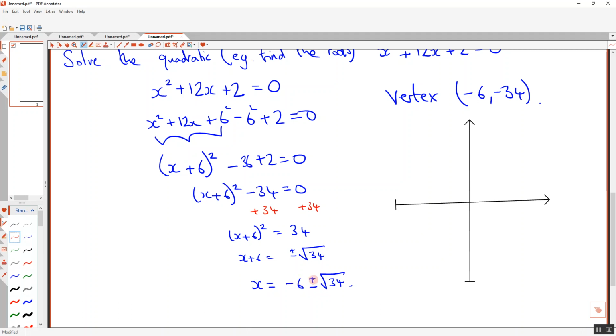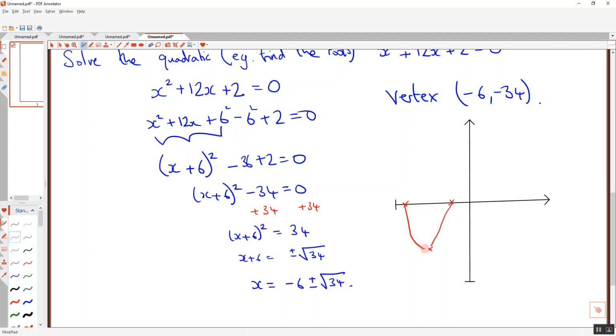So -6 plus something that is slightly less than 6. Is that going to be positive or negative? It's going to be slightly negative, okay? And when I do -6 take away something that's negative, it's also going to be negative, okay? And then my vertex is going to be down here.